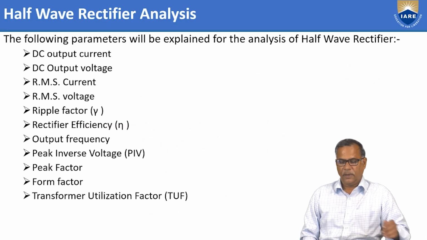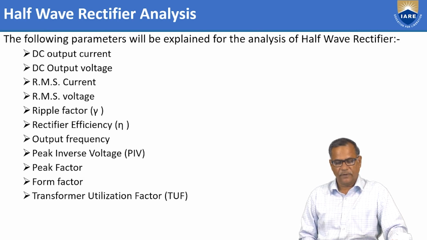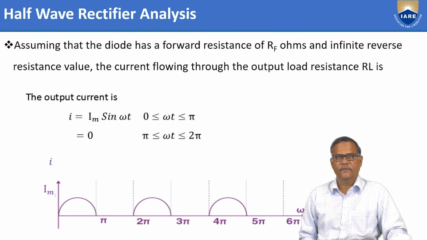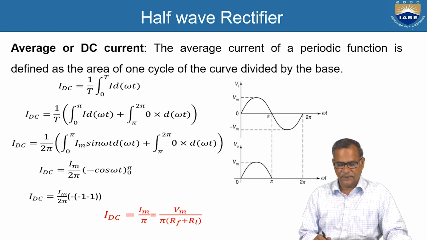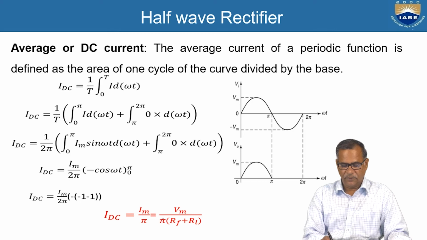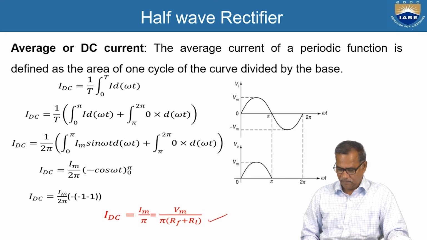So these are all the parameters we have discussed about the half-wave rectifier. We have derived the values for the DC output current, DC output voltage, RMS current, RMS voltage, ripple factor, rectifier efficiency, and so on. The average or DC current IDC is equal to Im by pi, that is equal to Vm by pi into (RF plus RL).